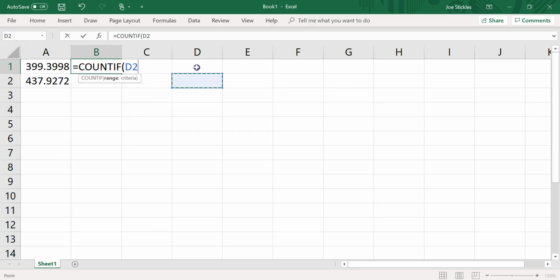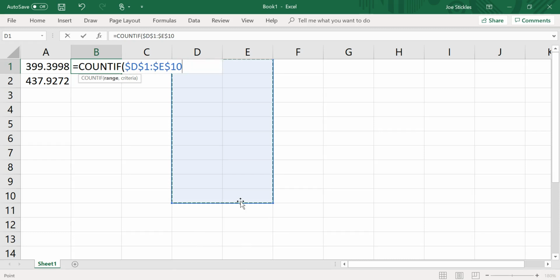You would select your range, wherever your data is that you've typed in. You would highlight the whole thing, and then absolute cell reference it so you can copy it down. Then in this case, what we want to do is less than.